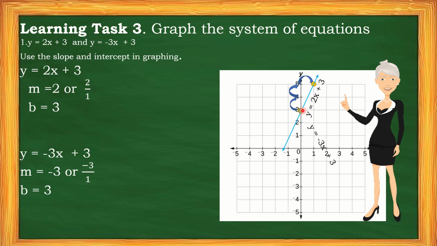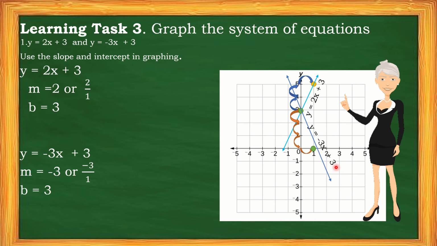So negative 3, 3 units downward. So 1, 2, and 3. Then 1 unit to the right. Okay, so the other point is here. Then let us just connect the 2 points. Therefore, this is now the graph of y equals negative 3x plus 3.